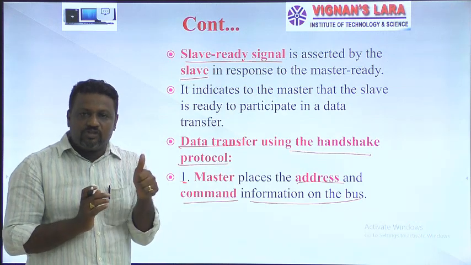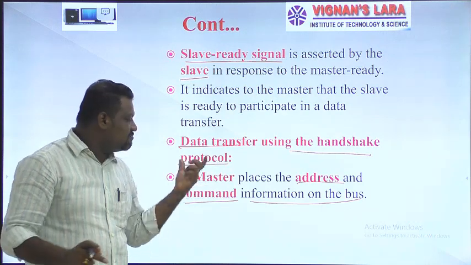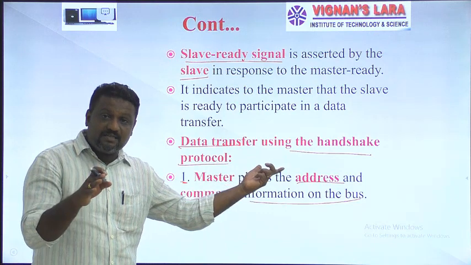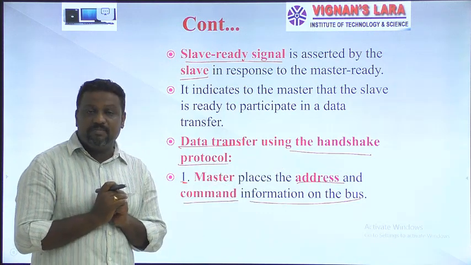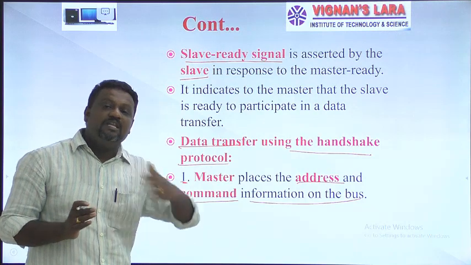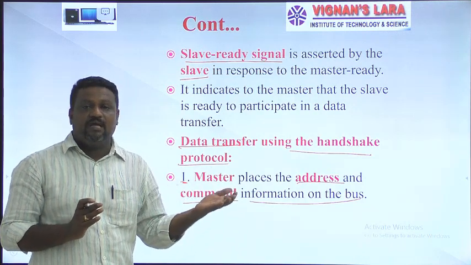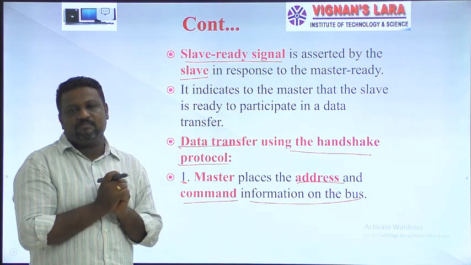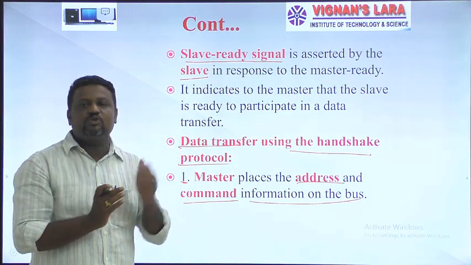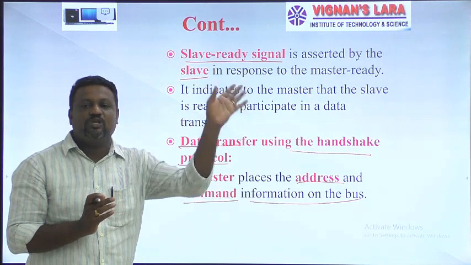So at the first time instant, the master places the address and command information on the bus. That means the master wants to communicate with a particular slave, so the corresponding slave address is placed on the bus, along with the type of operation the master wants to perform on the slave.